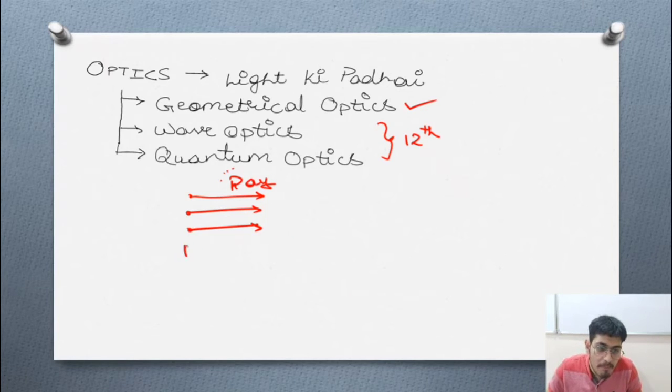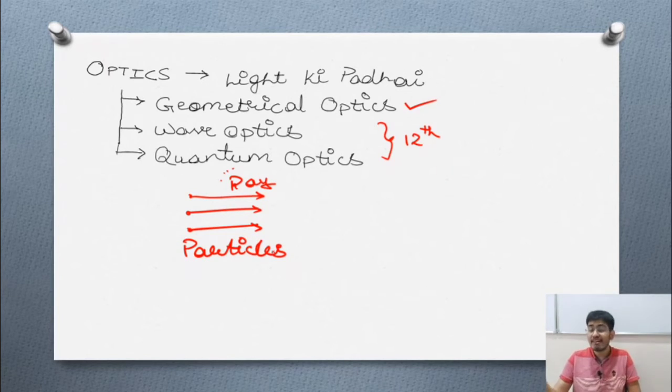If there are particles present, then only the light will travel. But we have seen that light travels in vacuum also. But when particles are needed and vacuum has no particles present in it, how can light travel in vacuum also? How is it possible?